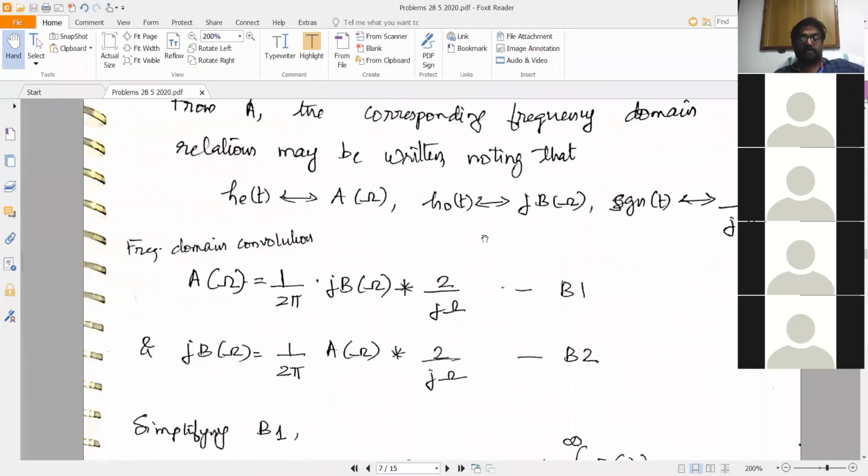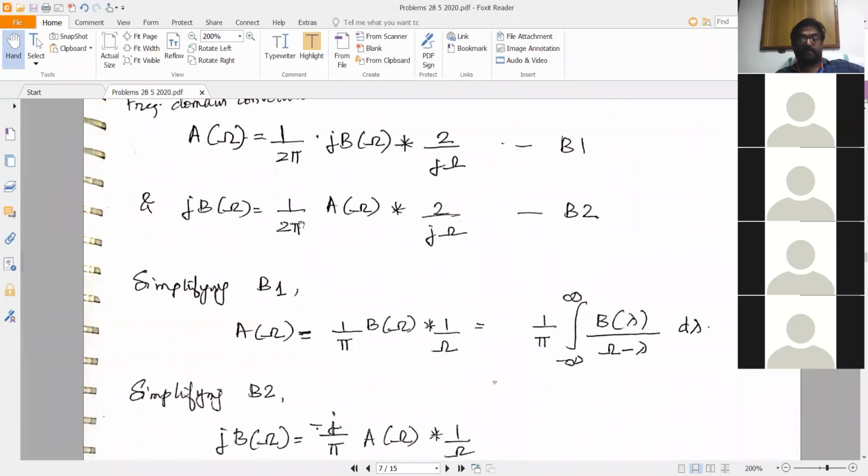So A of omega is therefore the convolution expression for h_e of t is equal to h_o of t into signum of t. Which you can write as A of omega is equal to 1 by 2 pi, j B of omega convolved with 2 by j omega. And the second expression, j B of omega is equal to 1 by 2 pi, A of omega convolved with 2 by j omega. So you will label these as equations B1 and B2. So simplifying B1, you will get A of omega is equal to 1 by pi, B of omega convolved with 1 by omega.